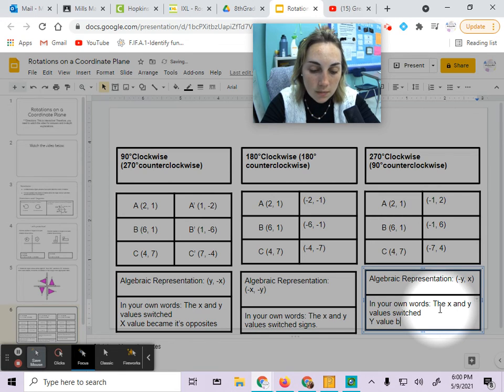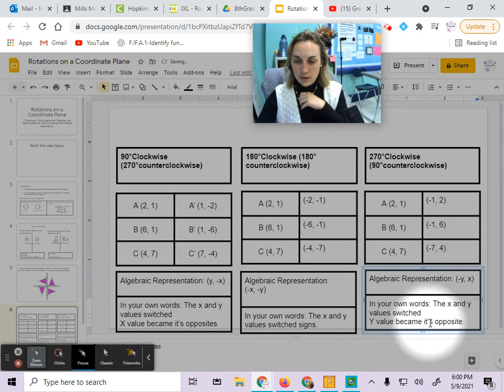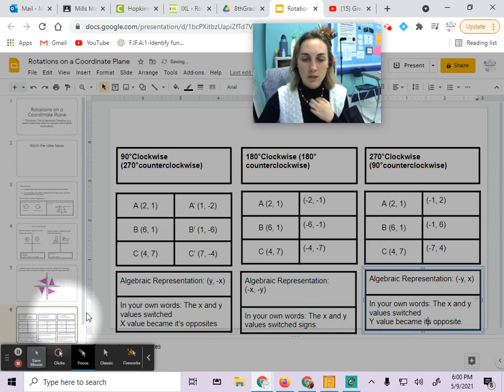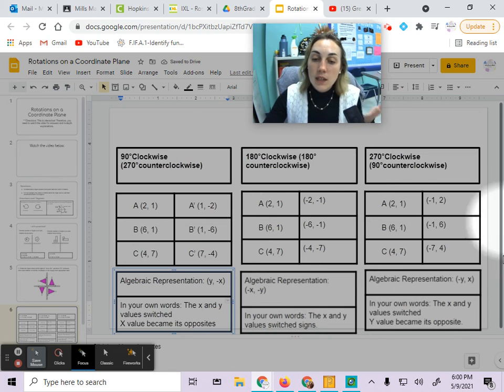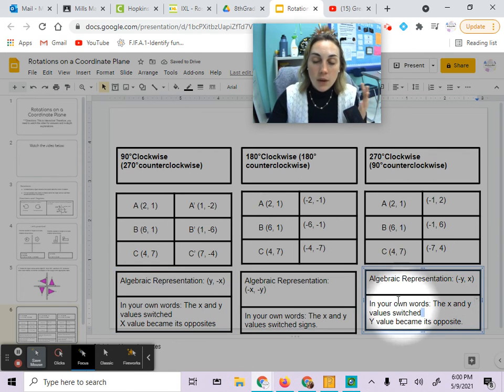The y value became its opposite. All right. So algebraically, this is what happened, and then we have what happened in our own words.